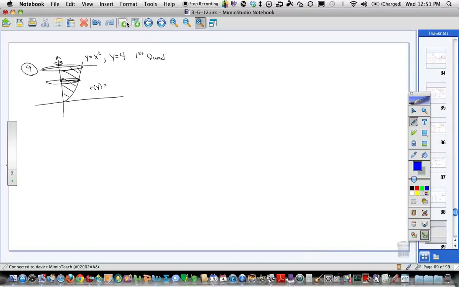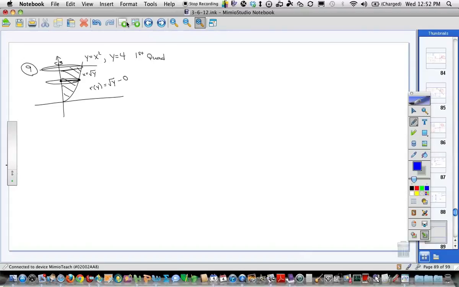But the length of this strip is the right x coordinate. Now what's the right x coordinate here? X equals square root of y. The same thing we did last week. When you have a horizontal strip, you've got to solve for either the x or the y. We want the right x coordinate, which is square root of y, minus the left x coordinate, which is 0.